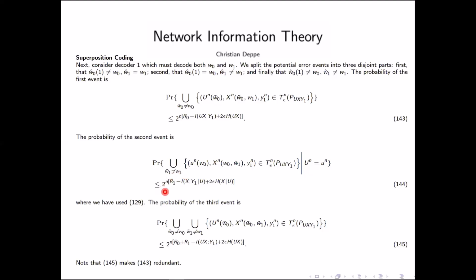In total here, of course, we have 2 to the n R1 elements. And again, we estimate this set by always the same probability. Because of the union bound, we can write it as a sum over all of them. And here the probability of this is 2 to the minus the mutual information between X and Y1 under the condition U, and a term which goes to 0.